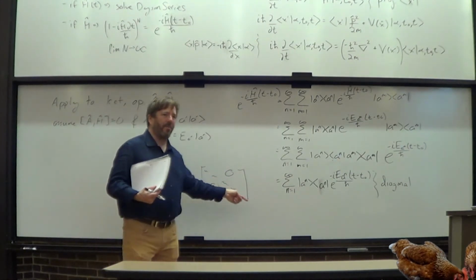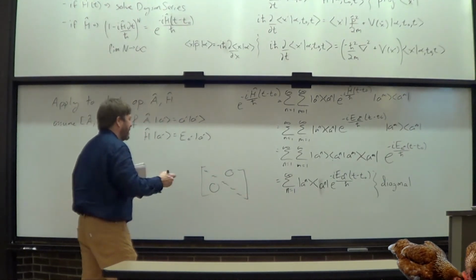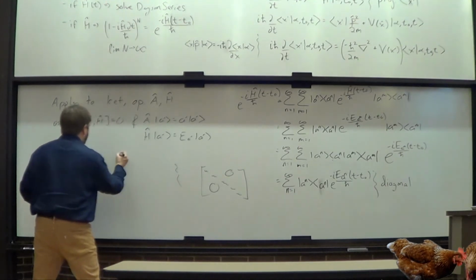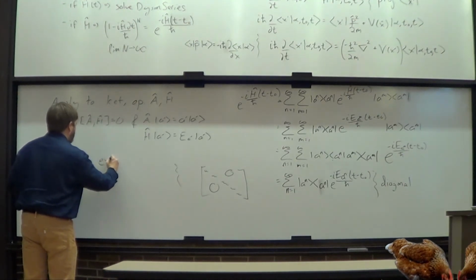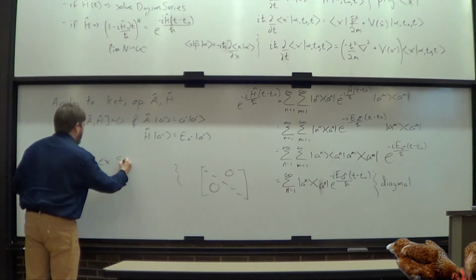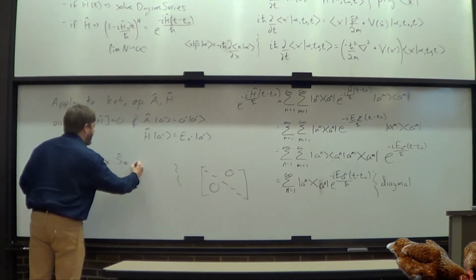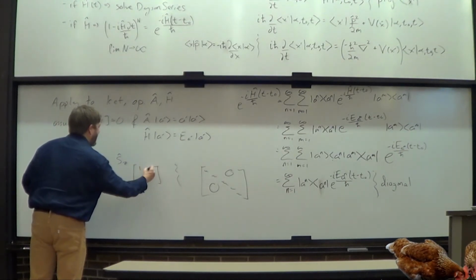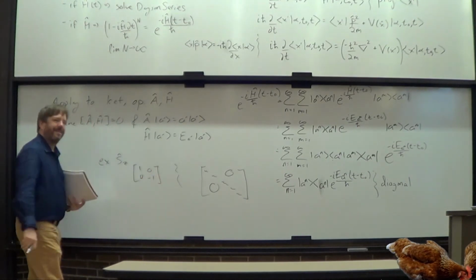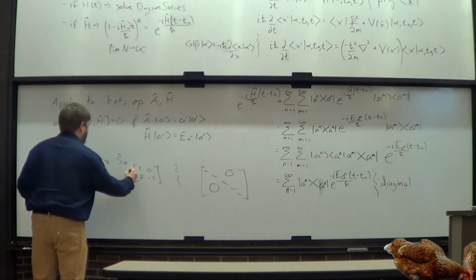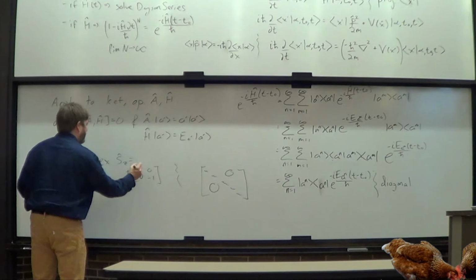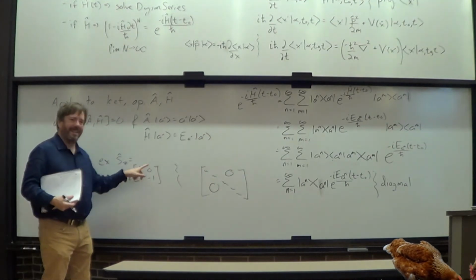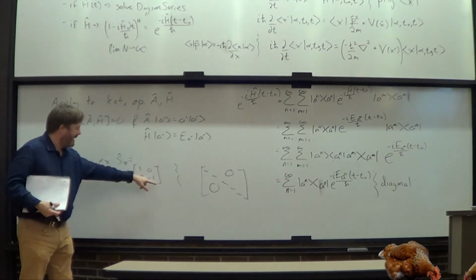Remember, we said an operator, when acting in the basis of its own eigenstates, is diagonal. If that sounds a little highfalutin, sorry. Look at S_z. In the basis of its own states, it's diagonal. There's a little h bar. In the S_z basis, it's diagonal.